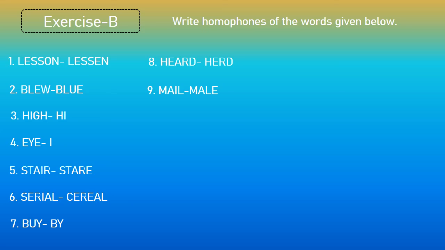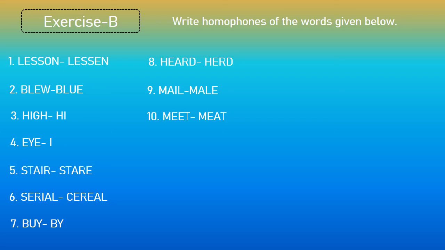Its homophone is MALE, which is used for indicating the gender, like male or female. Yes. Number 10, MEAT. Its homophone would be MEET. That means animal's flesh, which is eaten as food, right?